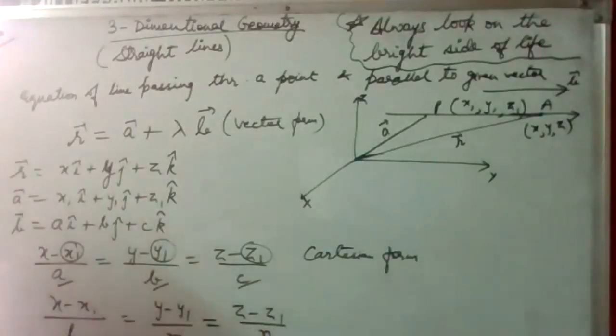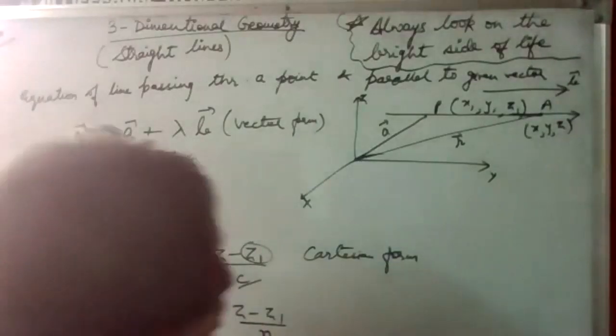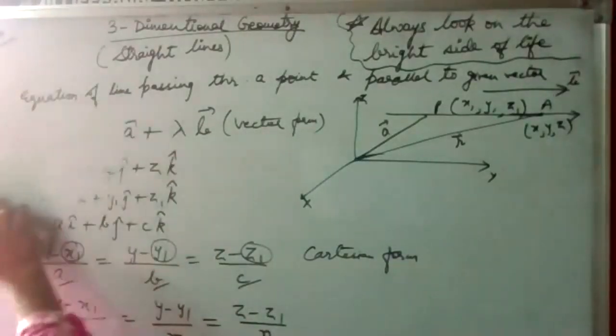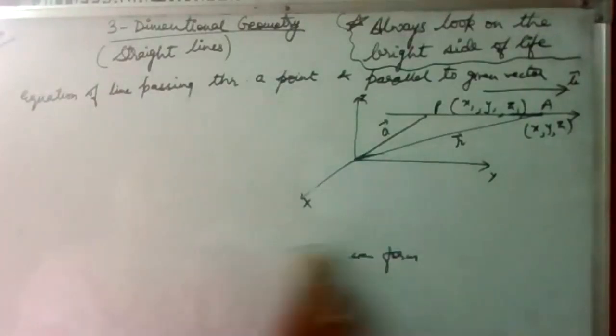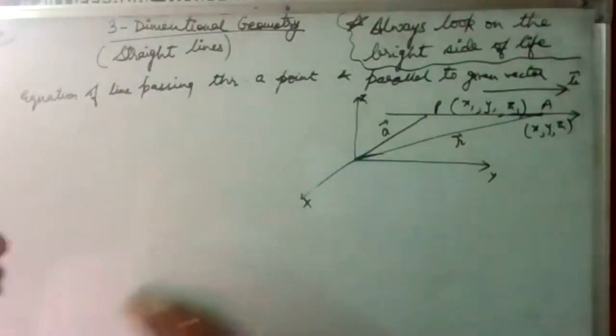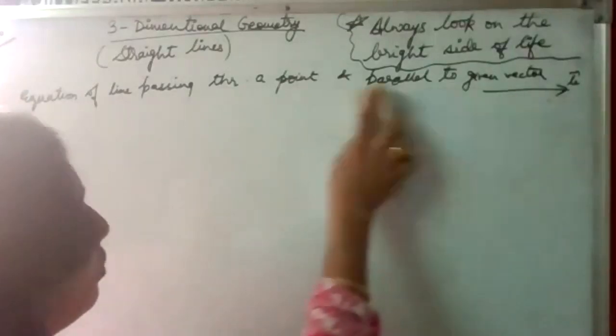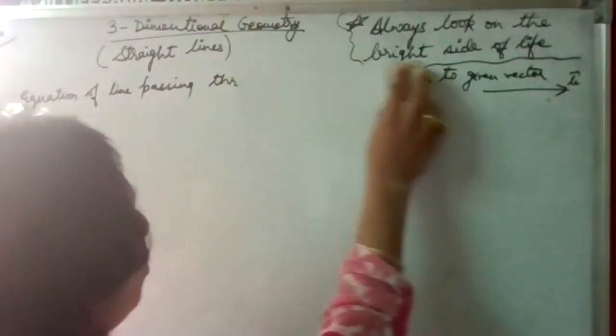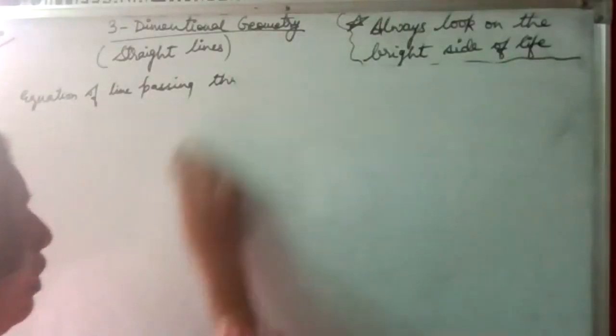Now next we come to the equation of a line passing through two given points. Now no parallel vector is there.